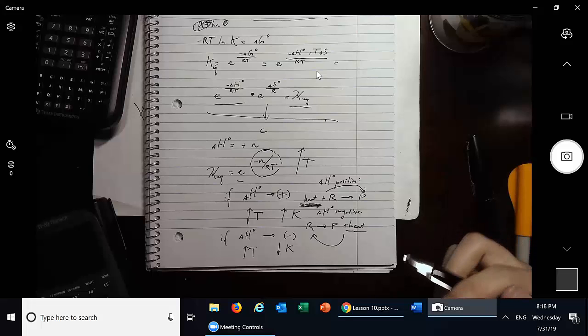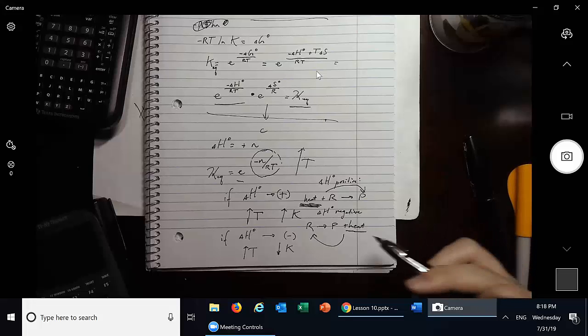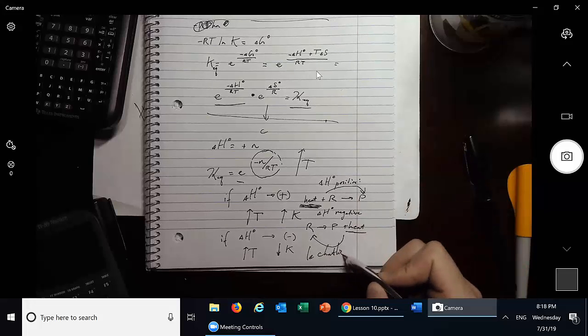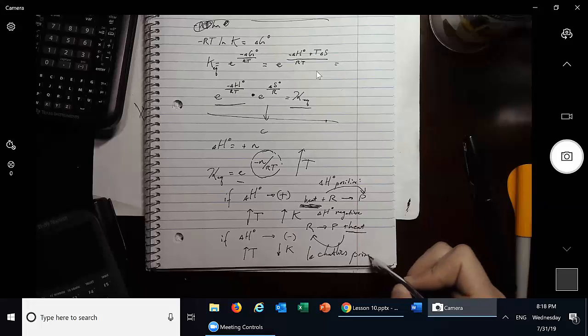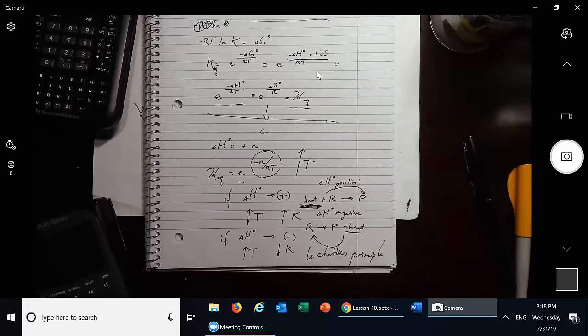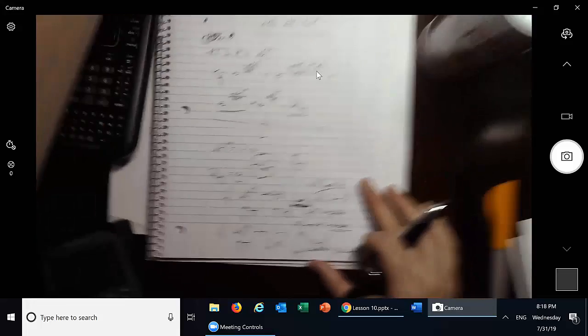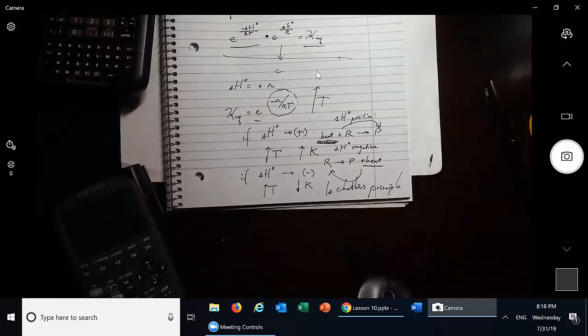Basically, this is Le Chatelier's principle. So that gives you a qualitative understanding of how the equilibrium constant will respond to changes in the temperature.